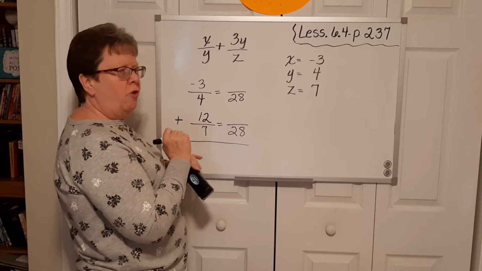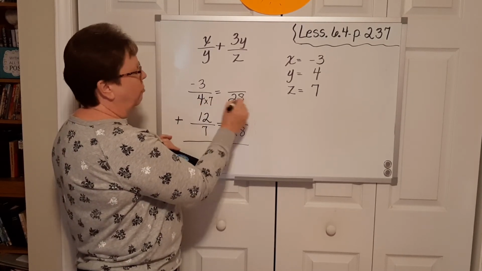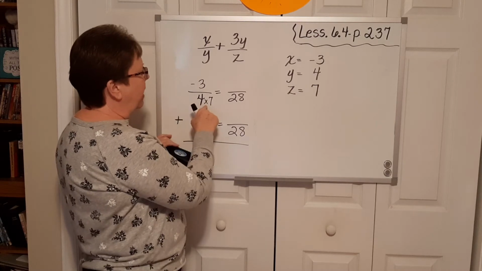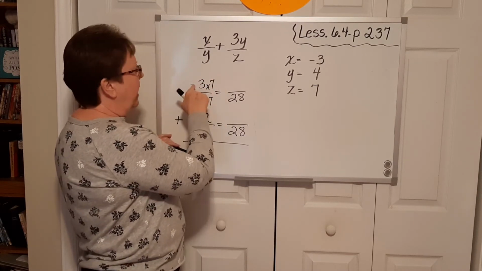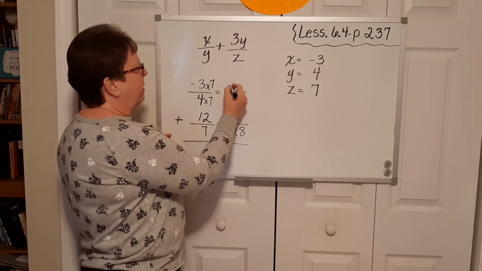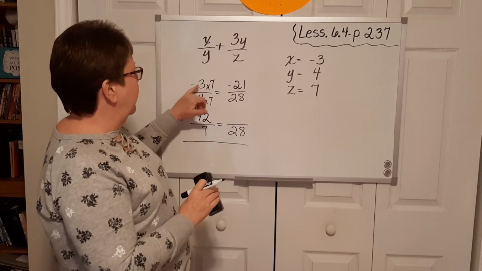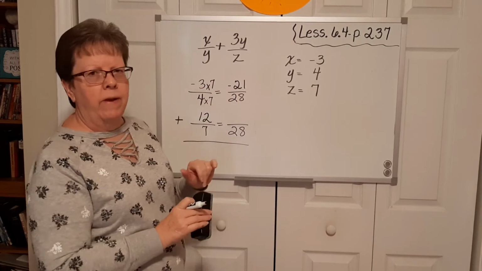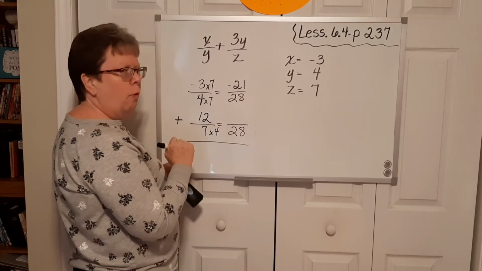Now we're going to change our denominators. So we know 4 times 7 is 28. So if that got multiplied by 7, this had to get multiplied by 7. And a -3 times 7 is a -21. Don't forget, if you have negatives, a negative times a positive is a negative answer. Now we know 7 times 4 is 28.